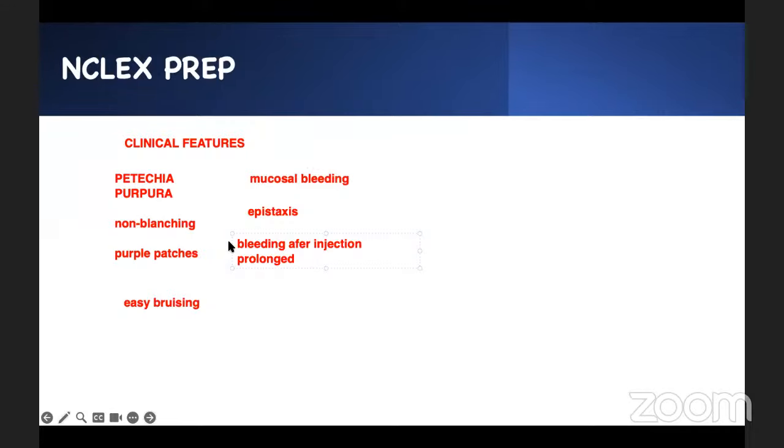Your board will want you to know a few of them. There is ITP, okay, idiopathic thrombocytopenia or immune thrombocytopenia, you can call it. So this is immune thrombocytopenia.